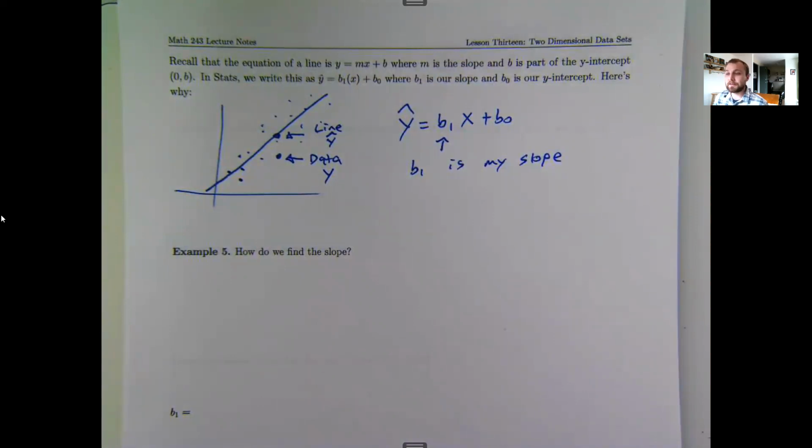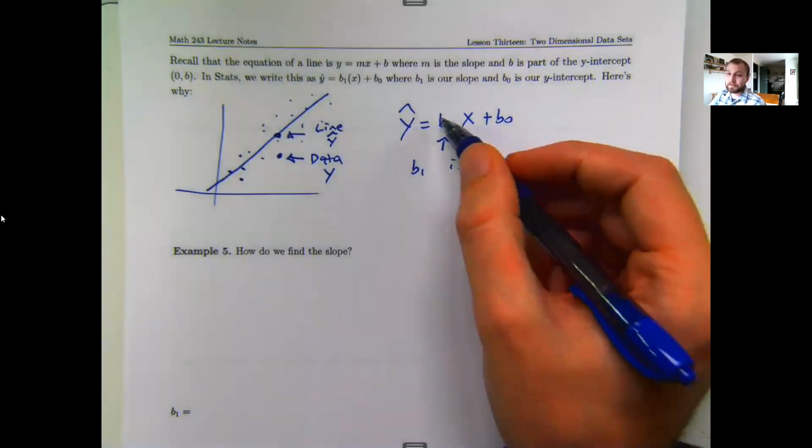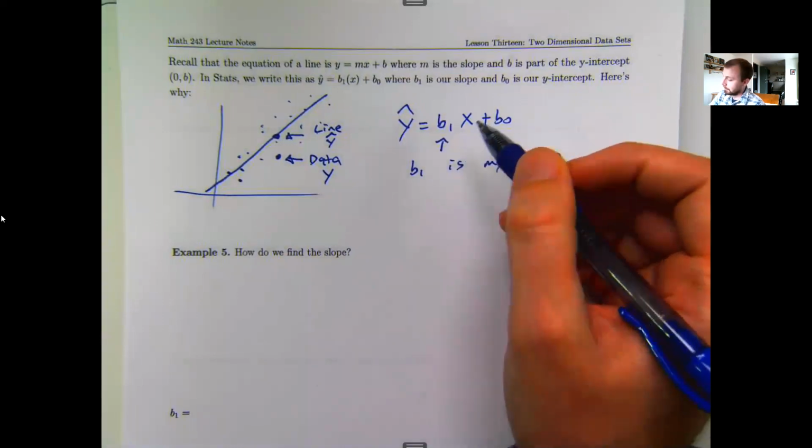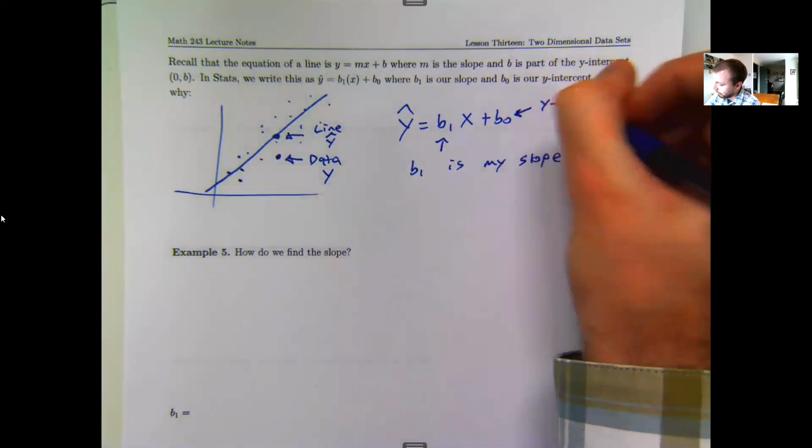And each of these things could have their own individual slopes. So if I was using different letters like an M, N, O, I would quickly run out of the alphabet there. So B1 is just saying, this is my first slope that I care about. B0, this number hanging out on its own, this is my y-intercept.